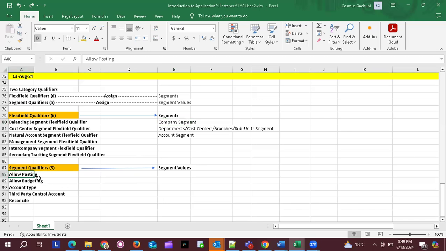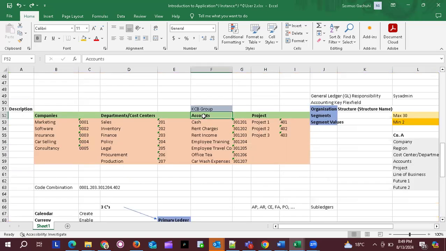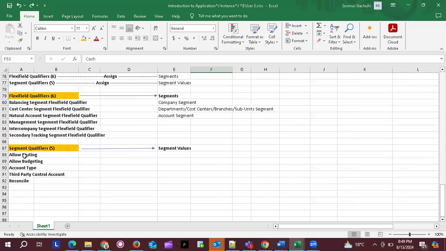For instance, when we are creating segment values, mostly we will use them under the account segment. Okay, so under the account segment, that's where we usually select either yes or no.